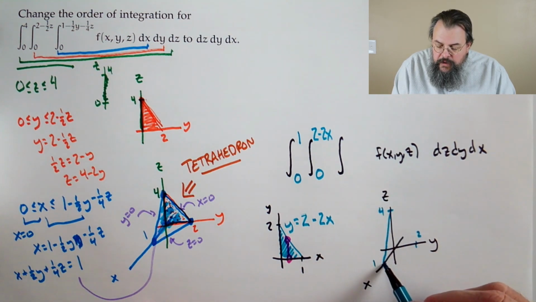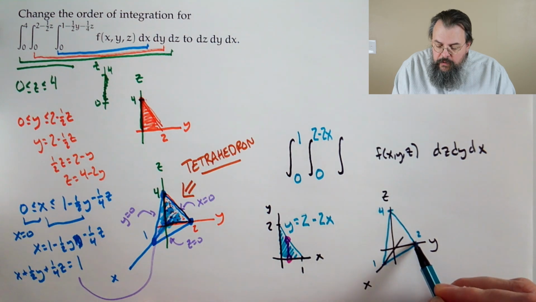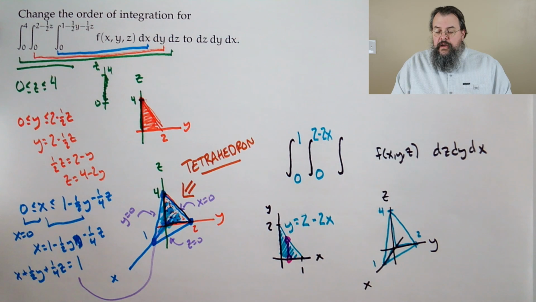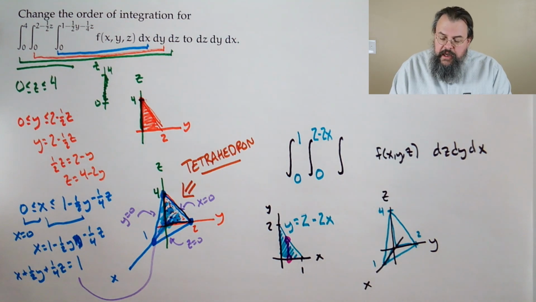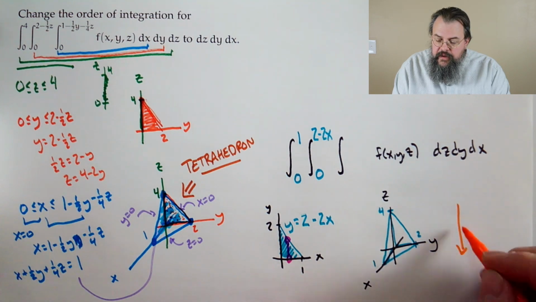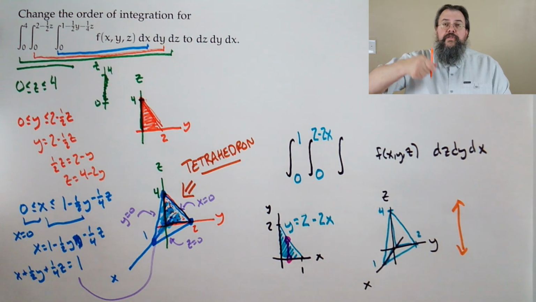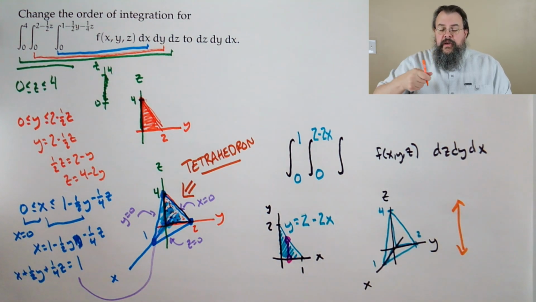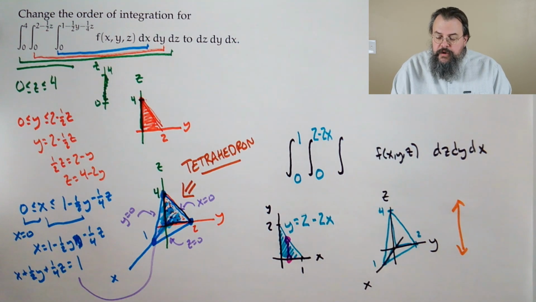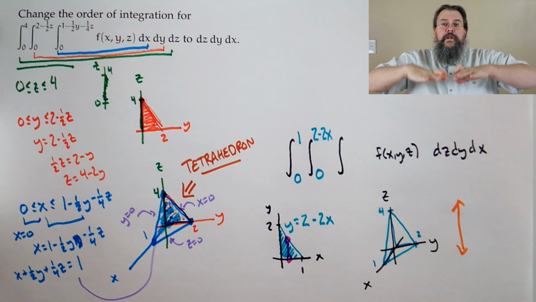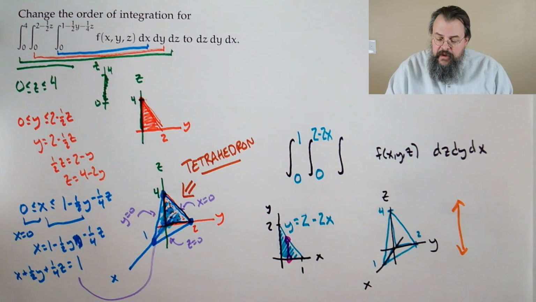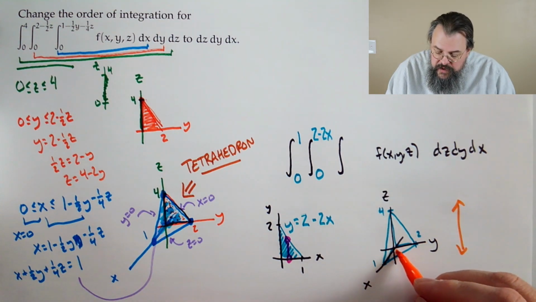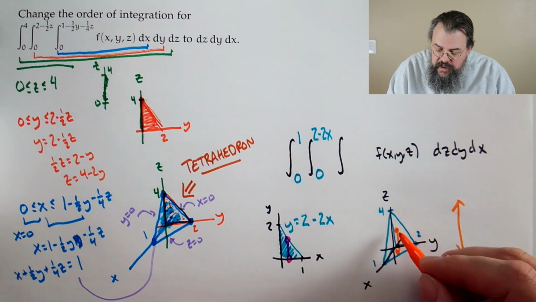And now what we're thinking of is where do we move in terms of z? We're moving parallel to the z-axis, so we're going straight up and down. So we ask, what's the bottom surface and what's the top surface?